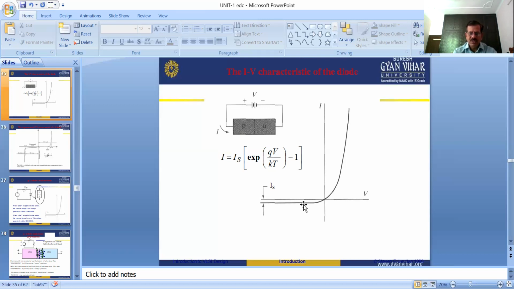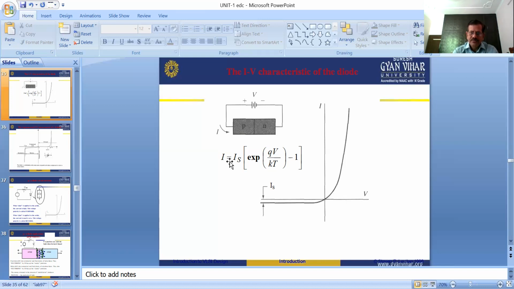This reverse bias current is also called the reverse saturation current, and its value is very small, in the range of nanoamperes. In the forward bias condition, the diode current is in the range of milliamperes. So there is a very big difference between forward bias current and reverse bias current. You see here the diode current equation: I equals Is times e to the power QV upon KT, minus 1.